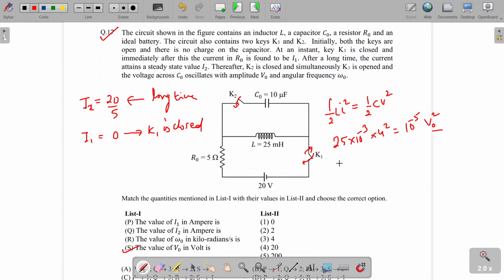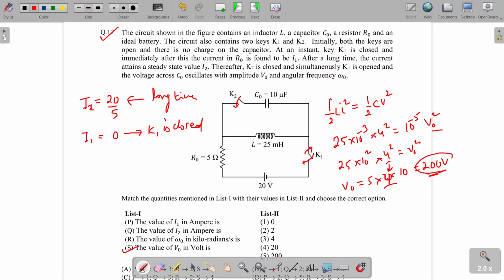So this implies 25 into 10 to the power 2 into 4 squared is equal to V naught squared. Then we have to divide by 4, so 5 times 4 into 10, so that is 200 volts.